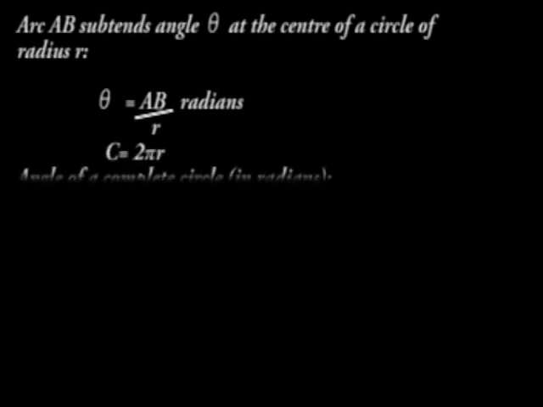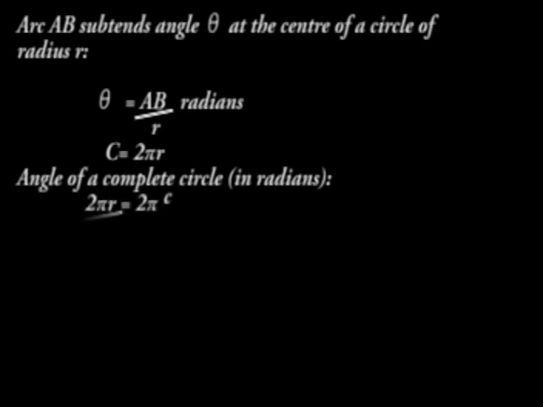Radians and degrees. If an arc AB subtends an angle theta at the center of a circle of radius r, then theta is equal to AB over r radians. Recall that circumference of a circle is given by 2 pi r. 2 pi r is the length of the entire circle. Therefore, the angle in radians of a complete circle is given by 2 pi r over r, which is equal to 2 pi radians.